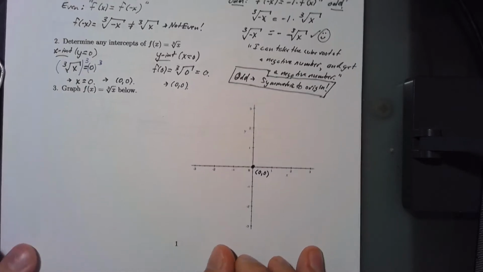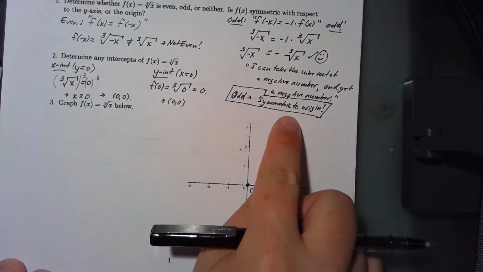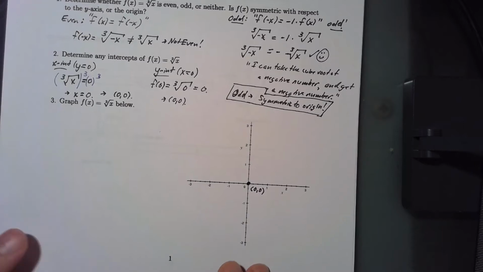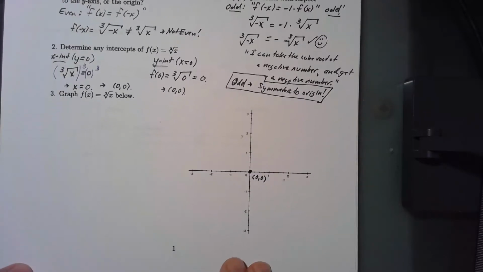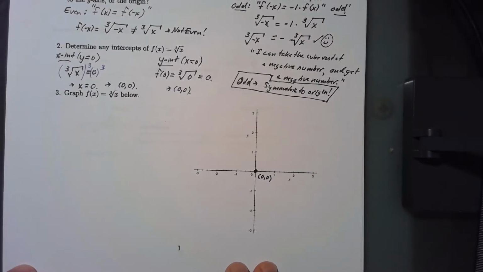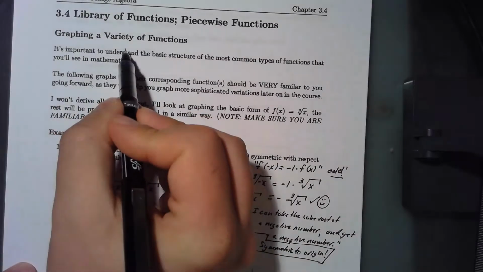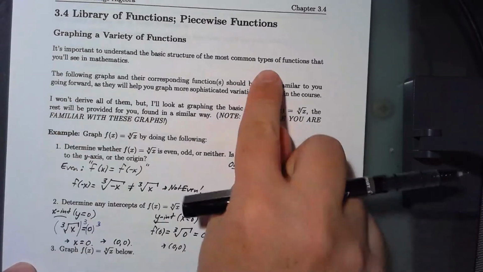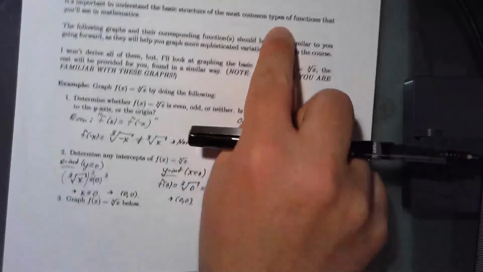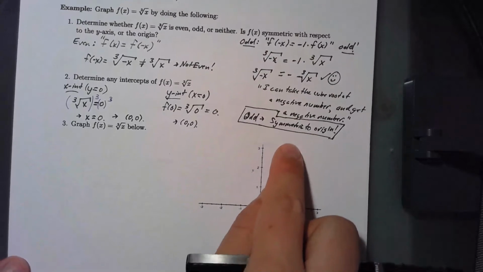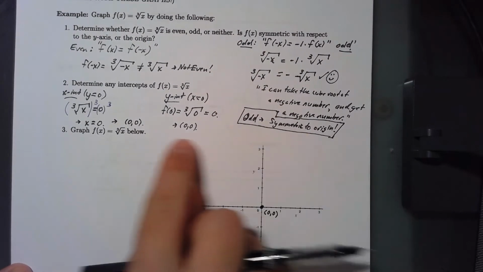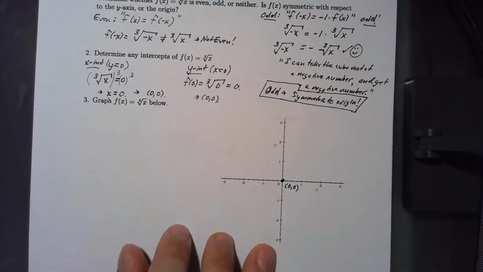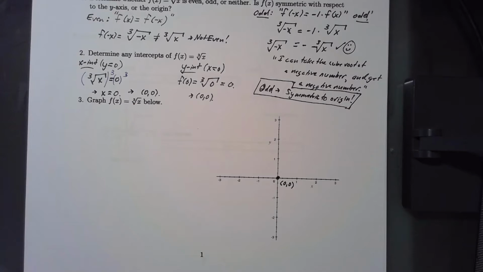I know the graph is odd, which means it's symmetric to the origin, but other than that, I really don't know what the graph looks like. So this is why you need to be familiar with the basic understanding of common types of functions, so that you can use these techniques of identifying intercepts and symmetry to get more sophisticated versions of those graphs.